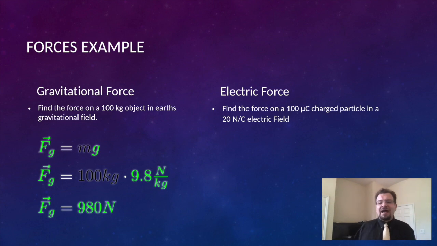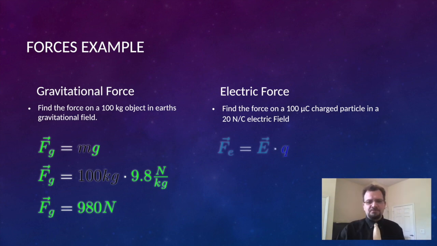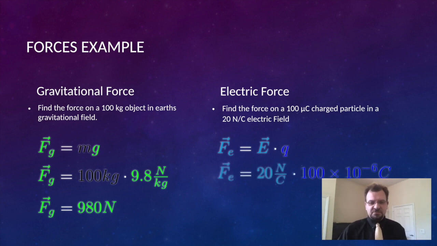So we have this 100 microcoulomb charged particle in a 20 newton per coulomb electric field. And because the electric fields are all going to be different, that will need to be given or, in some cases, solved for. So that electric force is going to equal the strength of the electric field times the charge.